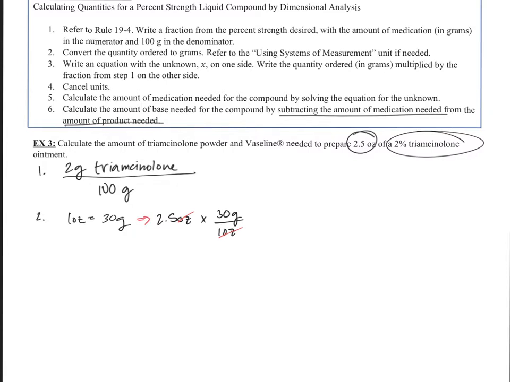We'll go ahead and get 75 grams. Okay, so once again we had to convert to grams. So 2.5 ounces is 75 grams.